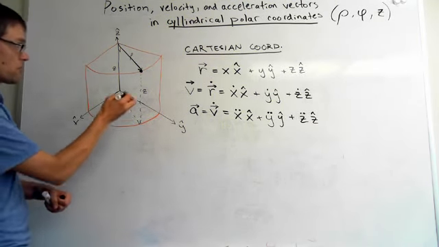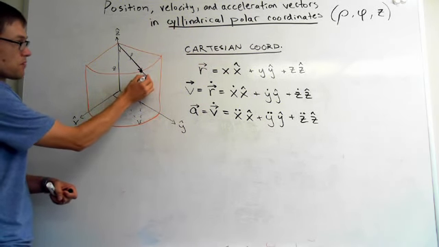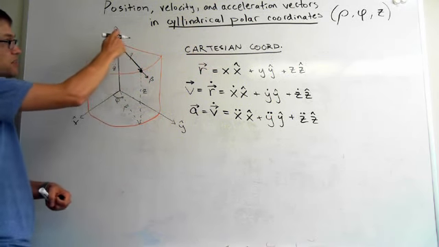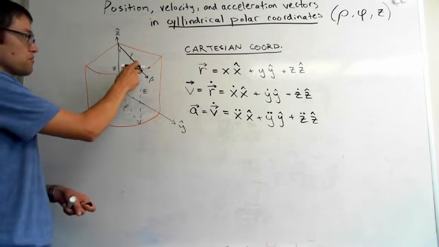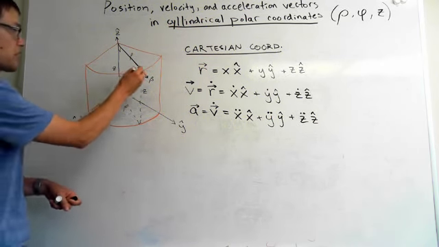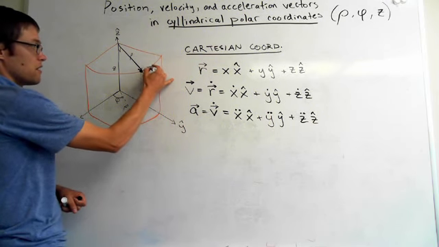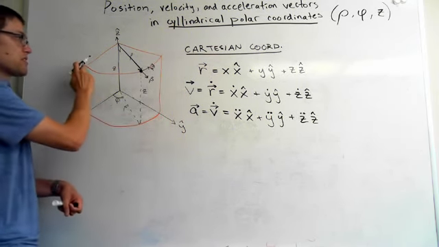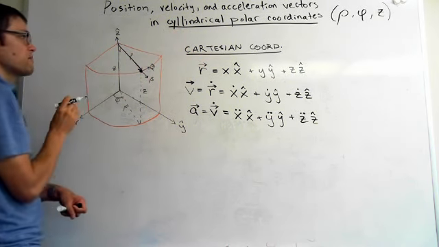So what are the unit vectors? One unit vector is the one that points, it's a continuation of this line, so it's in this direction, away from the z-axis, towards the point that we're talking about. The phi unit vector is pointing tangent to this circle, so it's pointing directly that way.